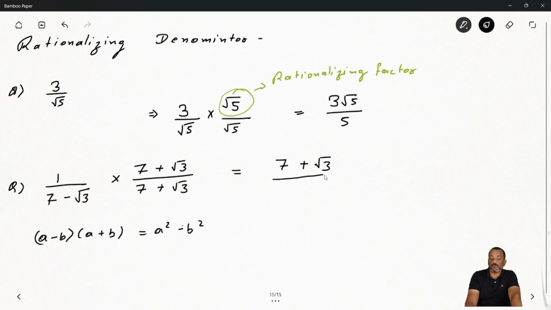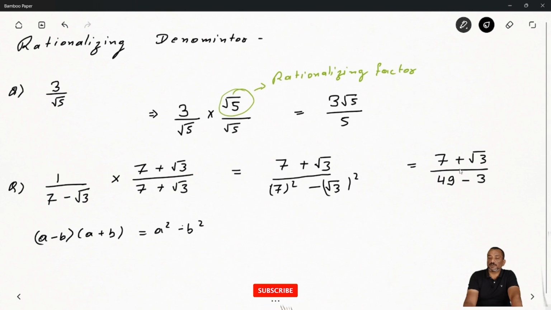Their product is 7 square minus root 3 whole square, which means 7 plus root 3 over 49 minus 3. So your final answer is 7 plus root 3 over 46.